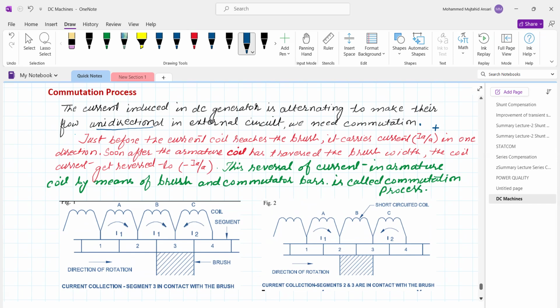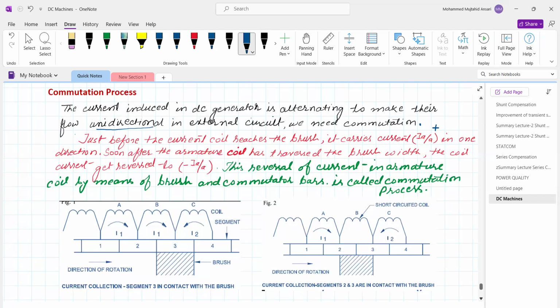By the commutation process, we want to reverse the direction of current in the armature in such a way that in the external circuit the current remains unidirectional. So the process of reversing the current and short circuiting the coil is known as the commutation process.